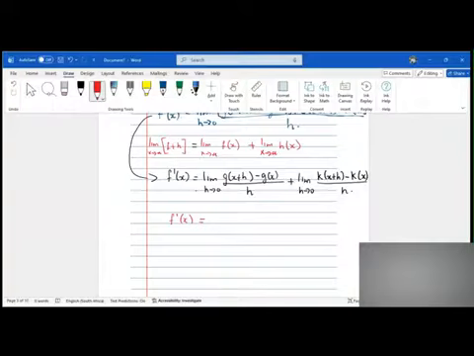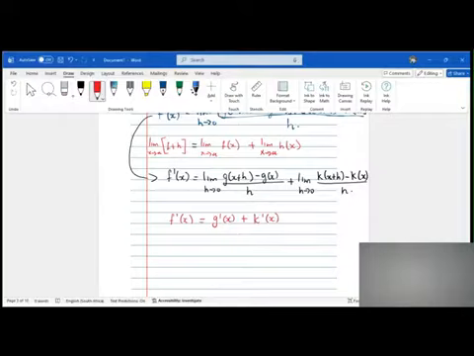So this will just be our g prime of x. Then plus we recognize this second guy as another first principle applied on a function k, giving k prime of x.